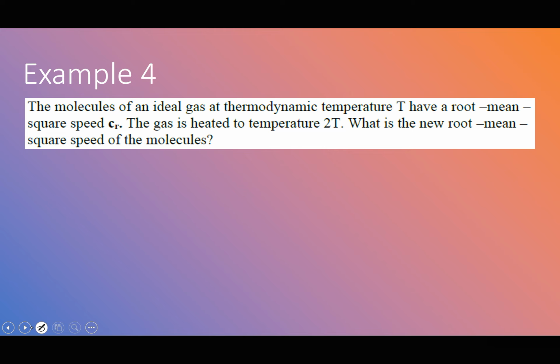The molecules of an ideal gas at thermodynamic temperature T have a root mean square speed Cr. Because I know that Cr is equal to the square root of 3kT over m, since root mean square speed is directly proportional to the square root of temperature.